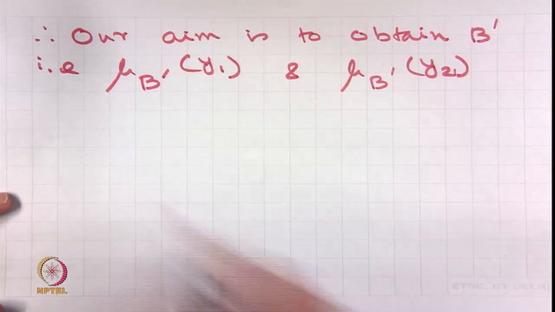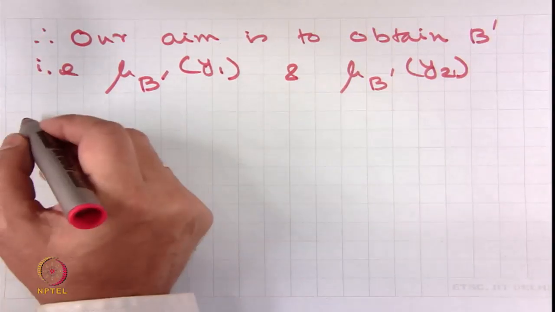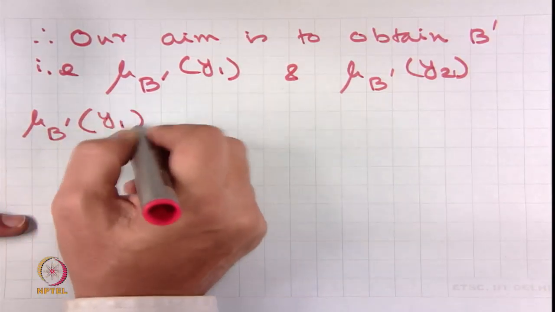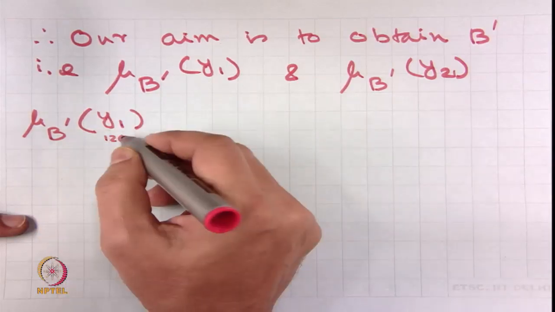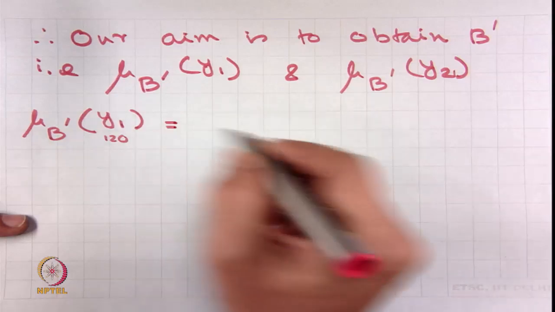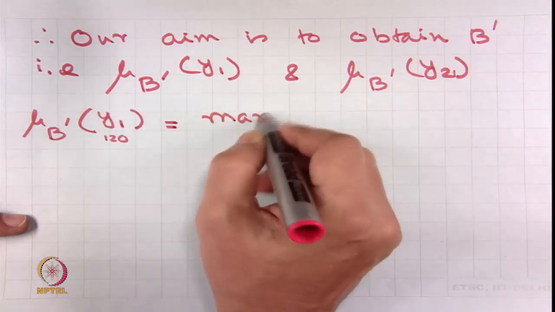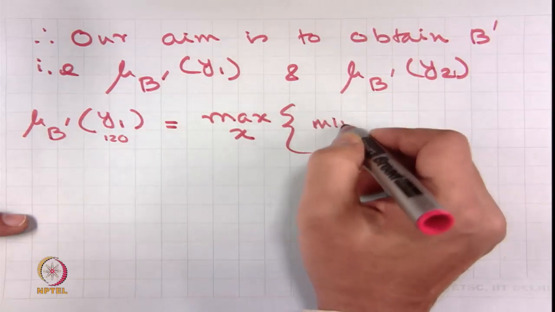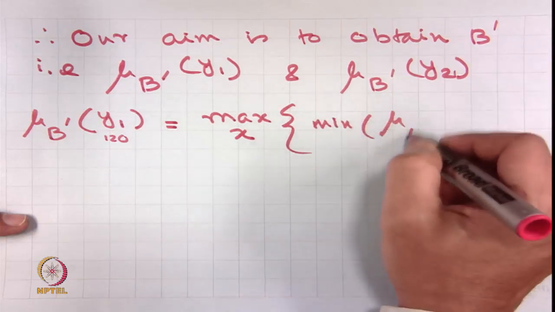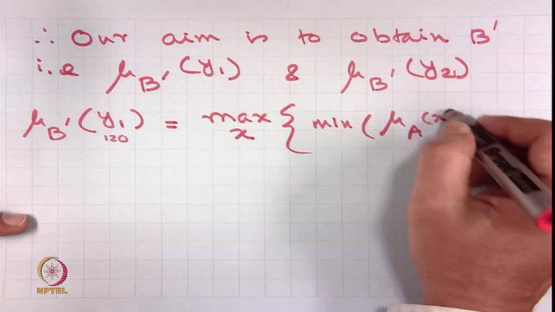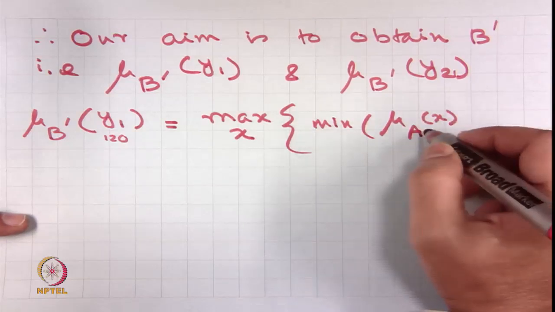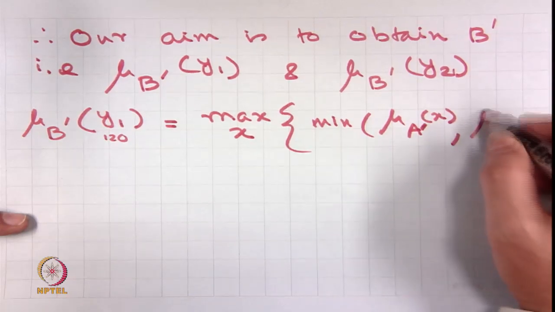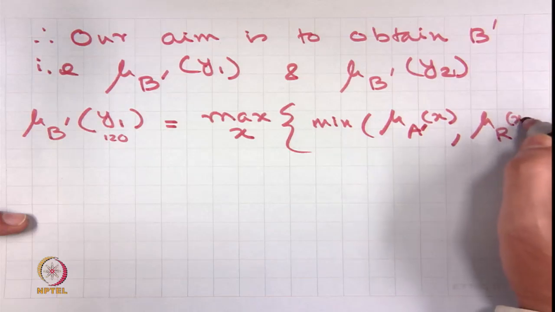So, what we do? We do the following: mu B prime of y 1, which is actually 120 revolutions, is equal to maximum over x, minimum over mu A x, mu A prime x and mu r x y.